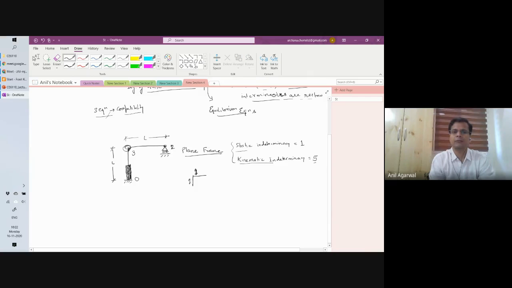So that is the level of discontinuity you are getting here. Similarly, the lateral movement of this member will translate as the axial movement of this member. That is also, in a way, a discontinuity, but that may not be very convincing.